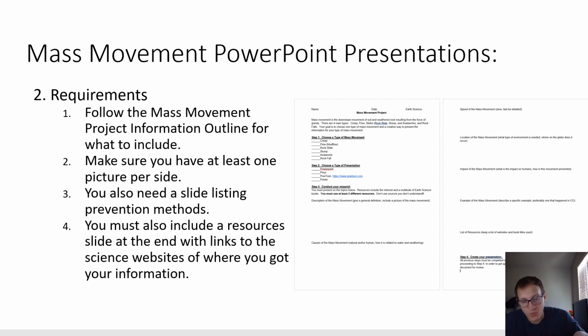Make sure you have at least one picture per slide, it says side, explaining what you're trying to get across. You also will need a slide that lists prevention methods, how to prevent avalanches, rock falls, all that stuff. And then lastly, you need a slide where you cite all the resources that you used while you were looking up your information. Other than that, that is all I have for you for mass movements.